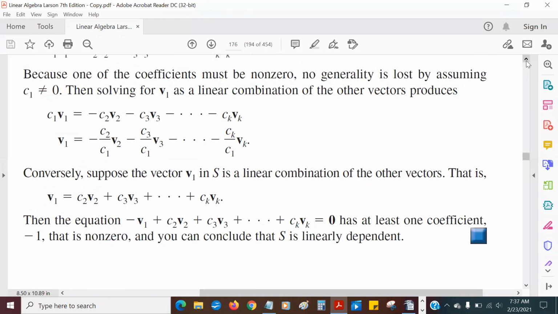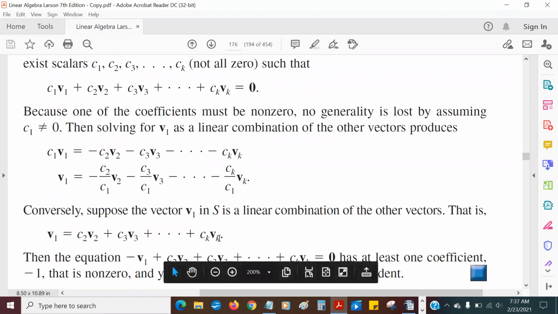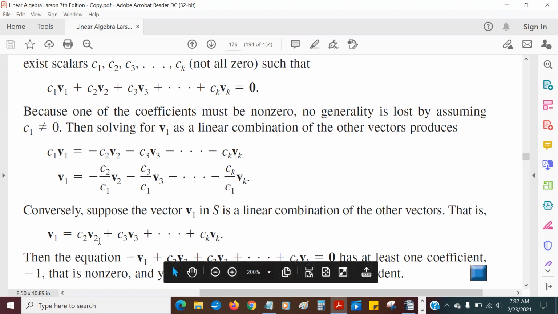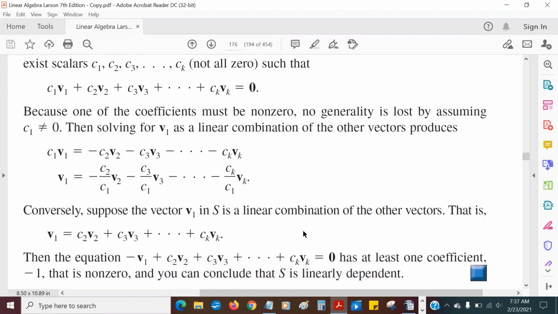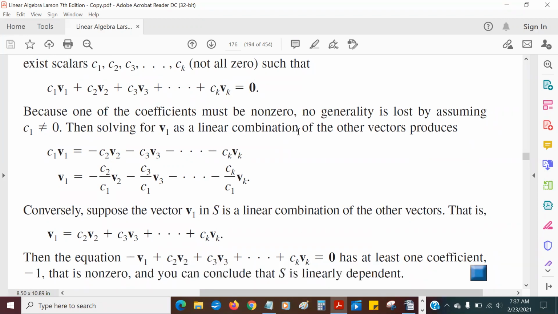It should be pretty clear that if you can write one vector in terms of all the other ones, you can write any vector in terms of the others. Once I can write V1 in terms of the other vectors, I can write V2 in terms of the other vectors, and V3, and so on, just by solving for V1, solving for V2, solving for V3, solving for VK, the same way I did for V1. So even though the definition says there's one vector, once you have one, it's true of all of them.